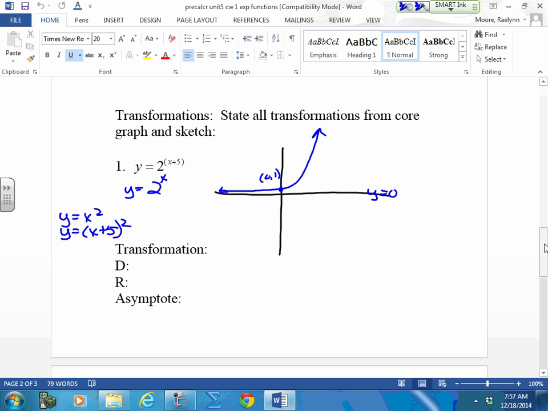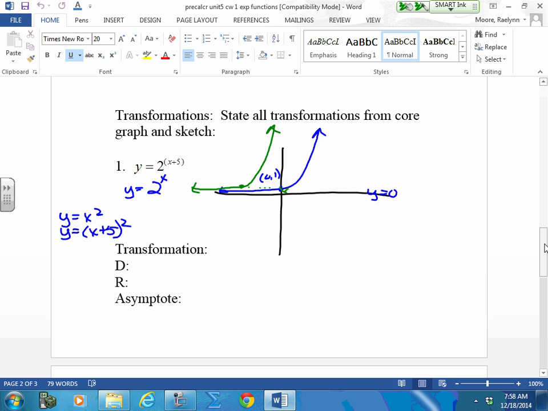So it's going to move 5 places to the left. This is a good point to look at. 5 places to the left. And it's just going to have the same pattern. Just like this. 5 places to the left. That's why that's the only point that we have in common for all of our exponential curves, so we can really keep track of that point.